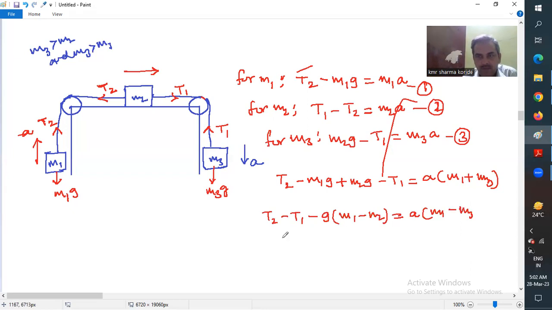Now you take this step. Take T2 minus T1, the entire step, to the other side and get acceleration on this side.